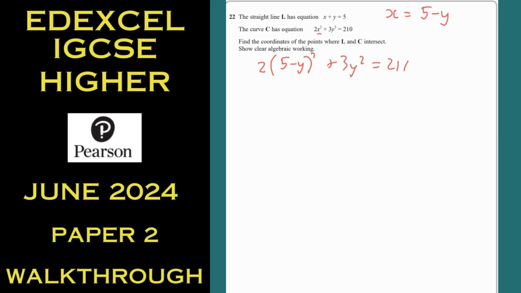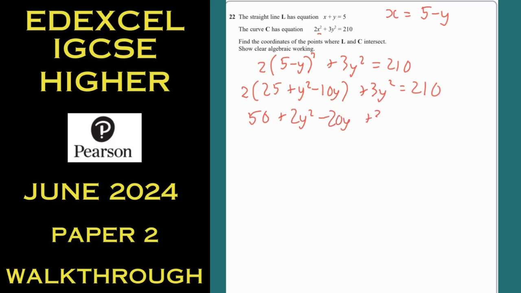Haven't done anything to the rest. So let's square these brackets before we double it. Square the first, square the last, times them together and double it. Whoops, that's a square. Double everything, so 50 plus 2y squared minus 20y.